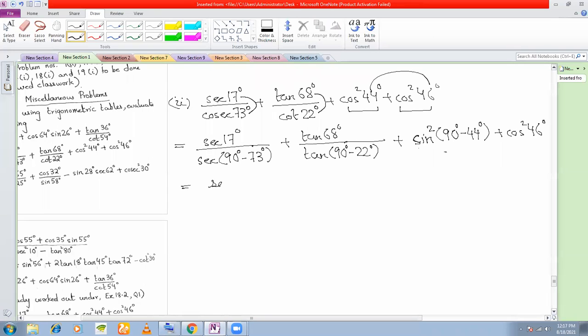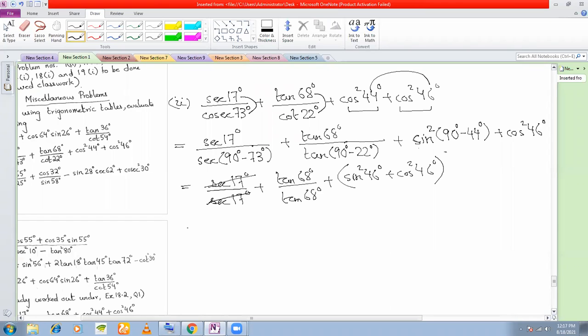So what you get here is sec 17 degrees divided by sec 17 degrees plus tan 68 degrees divided by tan 68 degrees plus sine square 46 degrees plus cos square 46 degrees. This sine square 46 plus cos square 46 is 1.